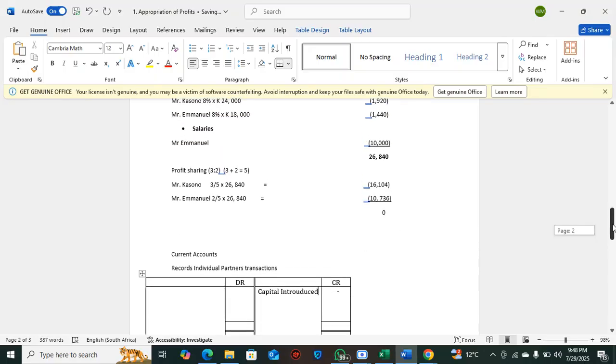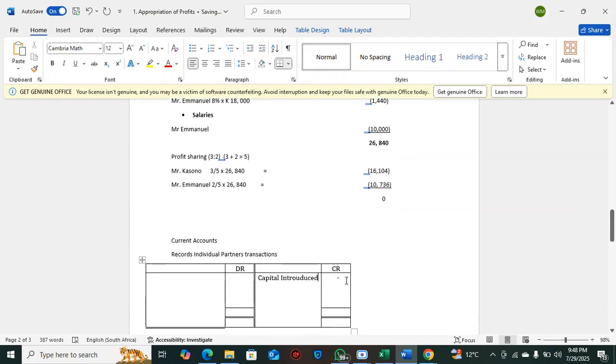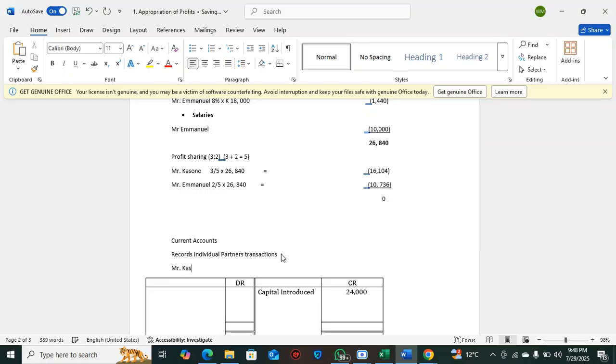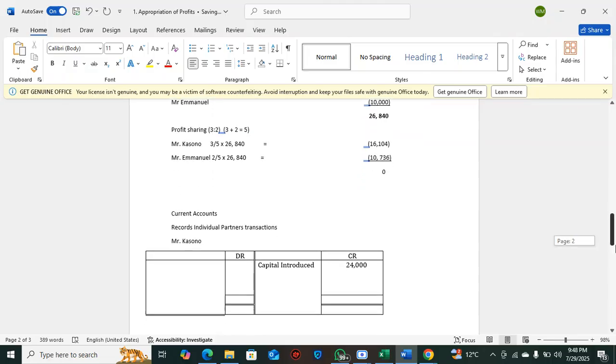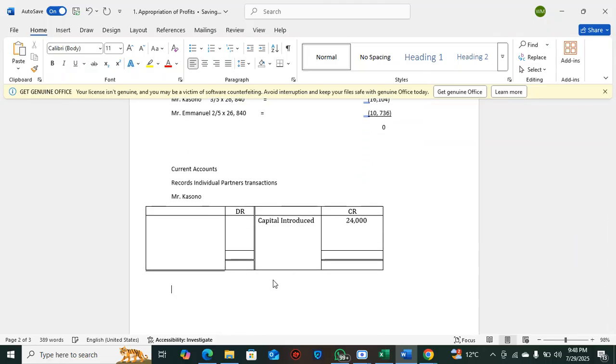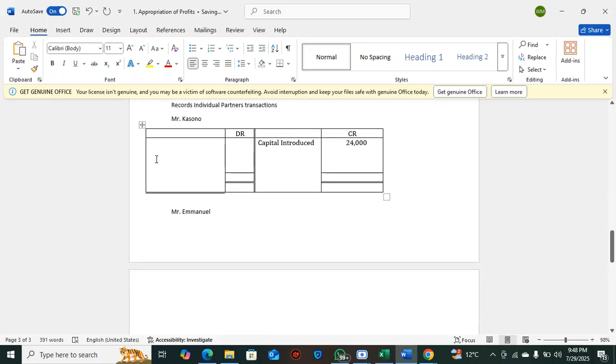So Mr. Kasono, 24,000. Mr. Emmanuel. So for the capital accounts, that's all.